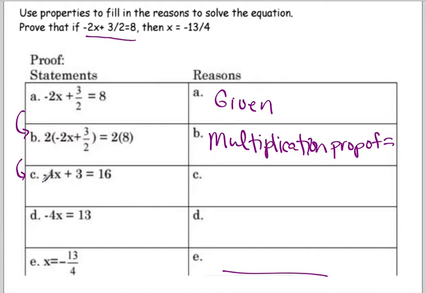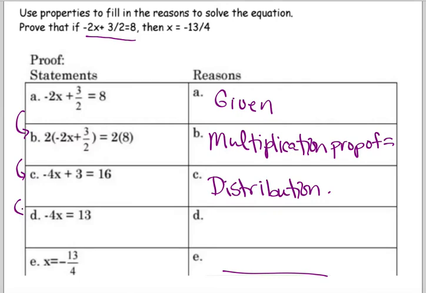To simplify from B to C, we have distributed the 2 through the parentheses and distributed the 2 to the 8 here, really simplifying that side. So we're going to put distribution here, because distribution property of equality is correct, or again, just distribution is fine.